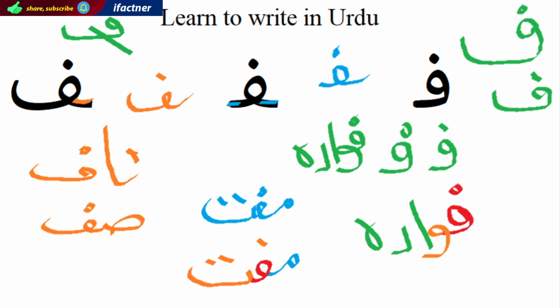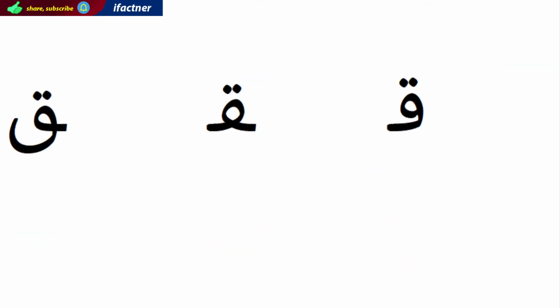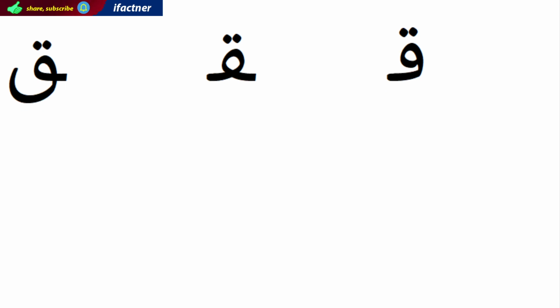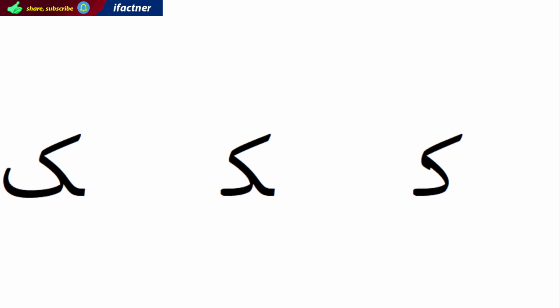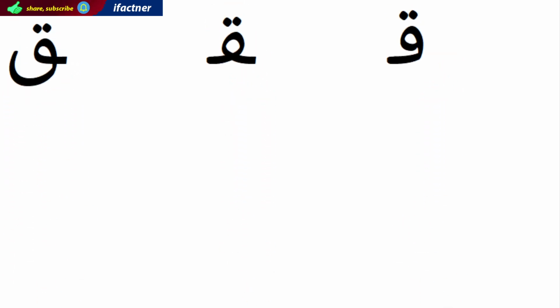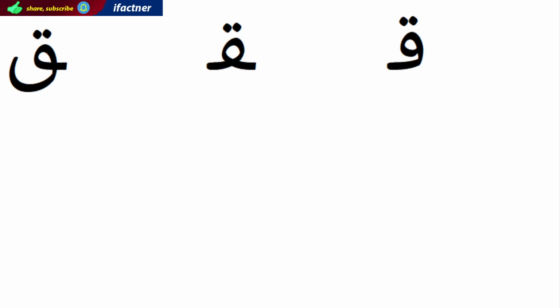Let's move forward, and we have qaf. Qaf, we call it kanji wala qaf, and it makes a sound of Q in English. So the next character is qaf, and for the beginner they sound alike, but the difference is just the difference of the Q sound in English and the K sound in English.